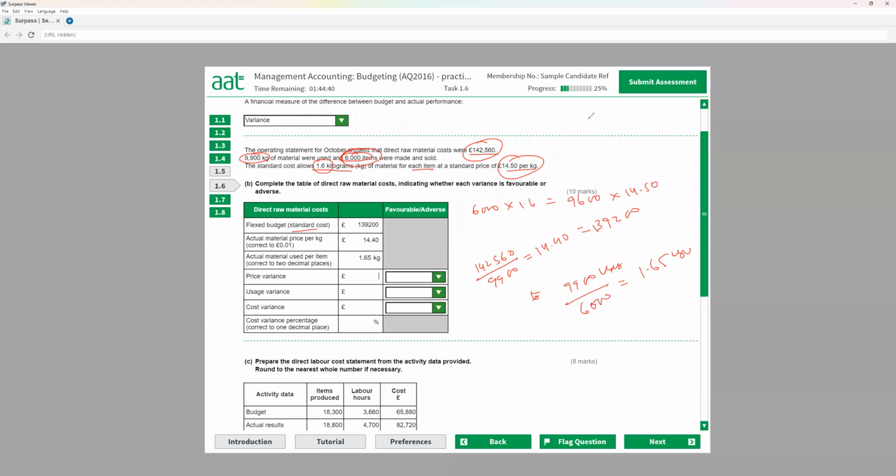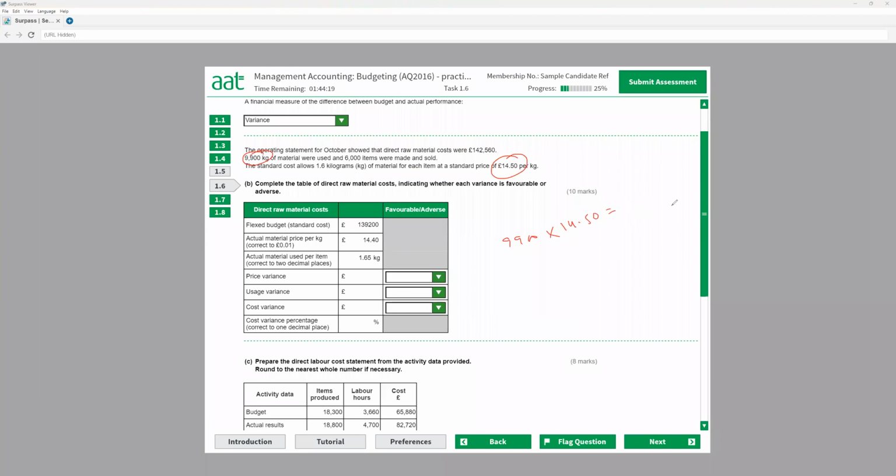Let's have a look at the price variance. Price variance is all about whether I paid more or less per unit. Now, if I use 9,900 kilos, they should cost me 14.5 per kilo. So 9,900 times 14.5 should cost me 143,550.